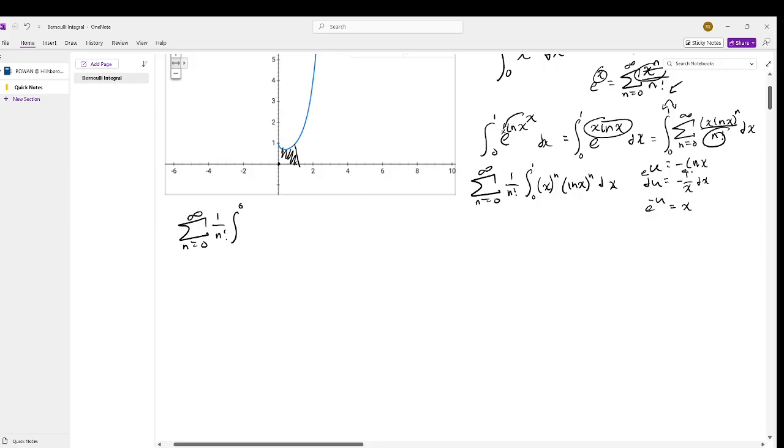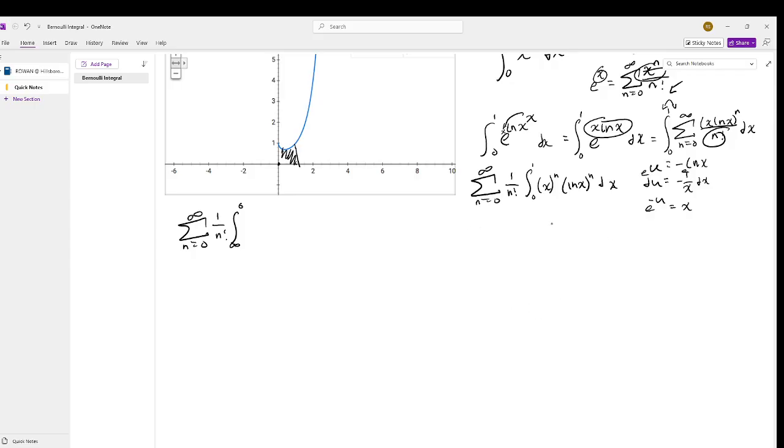And on the bottom bound, we get, well, what is natural log of 0? If you remember looking at the graph of natural log of x, as x approaches 0, f of x approaches negative infinity, but this is negative natural log of x, so it's actually going to approach positive infinity there on the bottom.